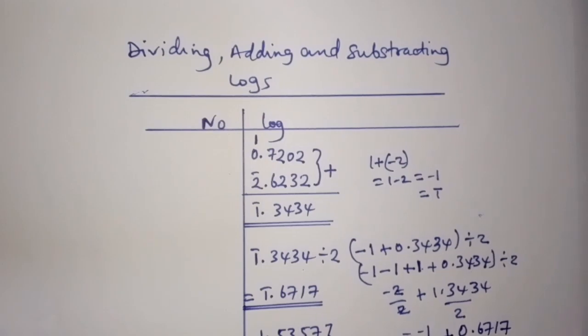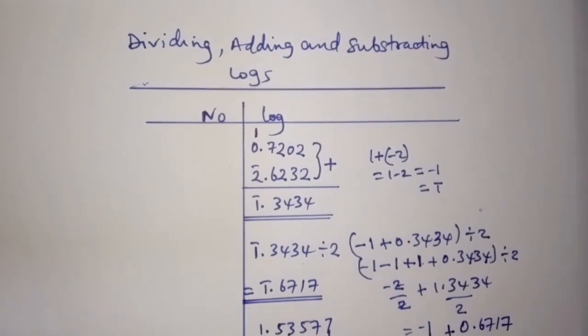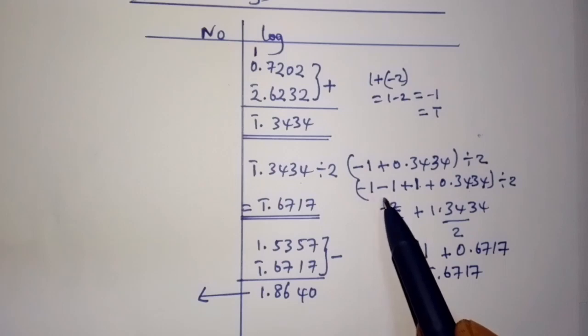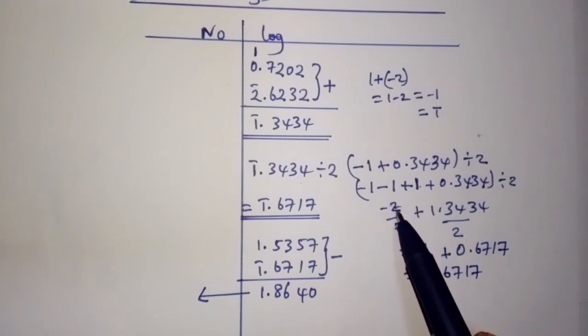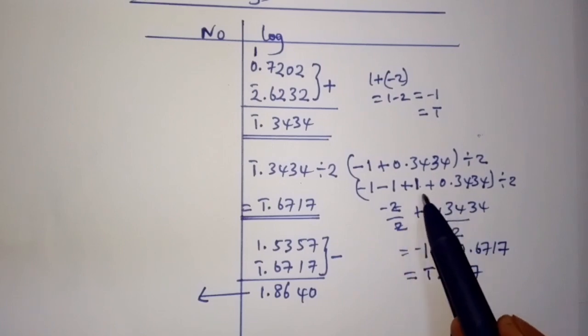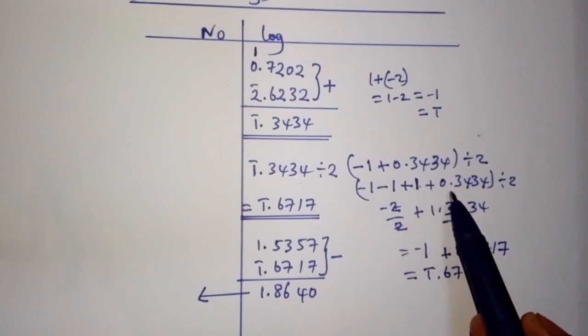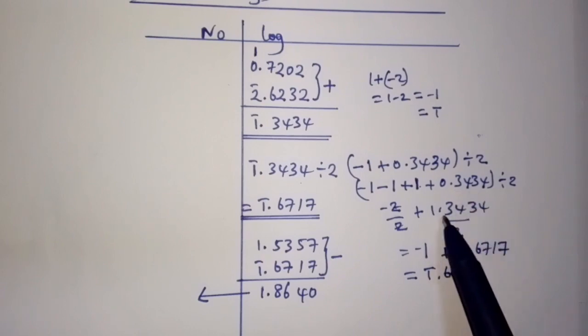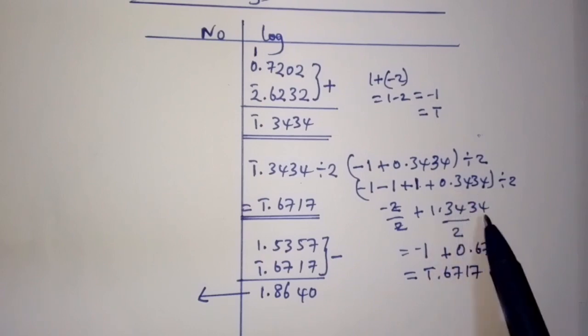Bar 1.6717. Negative 1 minus 1 is negative 2. We divide by 2 plus 1 plus 0.3434 is 1.3434.